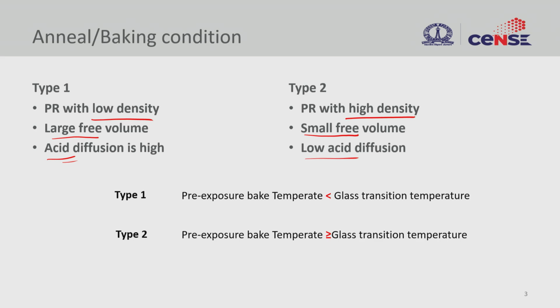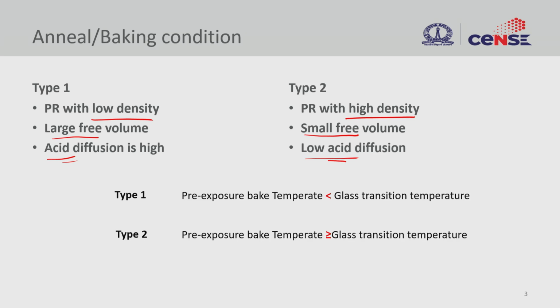So what is the origin of this acid? The origin of this acid is photoillumination. When you illuminate this photoresist, there is a photosensitizer that generates this photoacid. This diffusion is different in these two materials, and as a result, we need to choose the temperature.